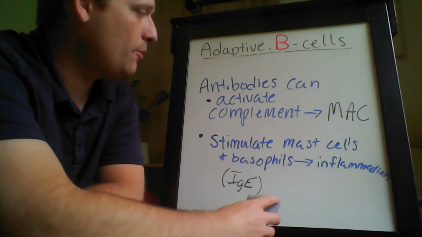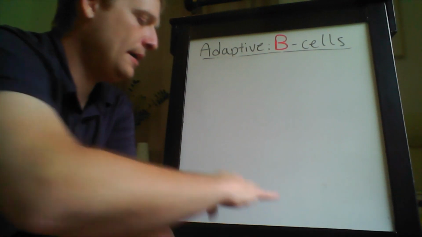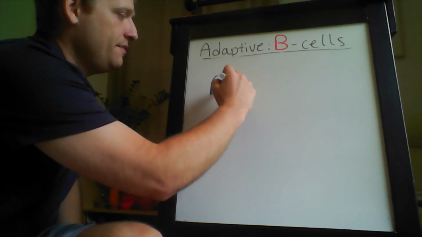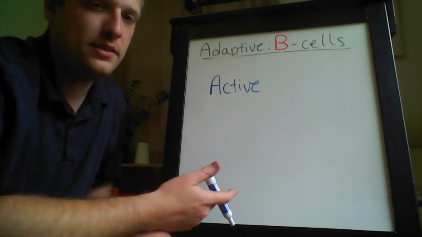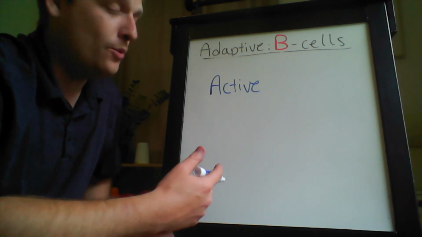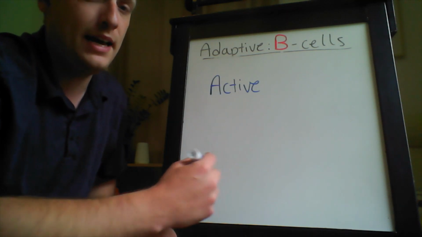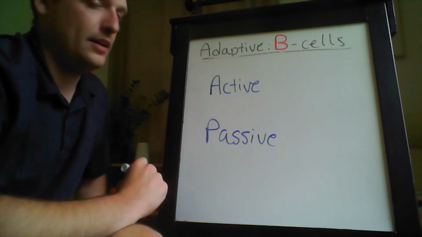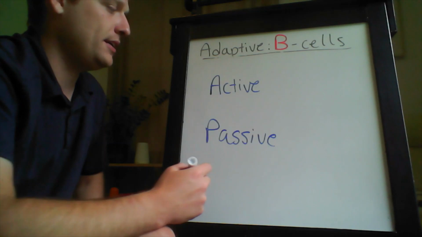And lastly, I want to talk about a couple of different types of immunity. So antibody-conferred immunity can be either active, meaning that you are yourself producing antibodies, but there are important circumstances where it's necessary or beneficial to receive antibodies via passive mechanisms, meaning you're not producing those antibodies yourself.